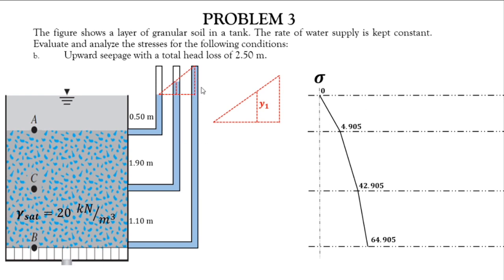Pero, alam natin yan. Kasi according sa problem, the total head loss ay 2.5. Bakit doon ko nilagay? Pag sinabi nating total head loss, ito yung total energy na nawala from the start hanggang dun sa dulo ng flow natin. Eh, di ba nag-start ang flow sa point B? So, ito yung total energy niyan. Tapos, habang nagpo-flow siya through soil hanggang point A, nababawasan yung energy natin hanggang sa mag-come up tayo dito.